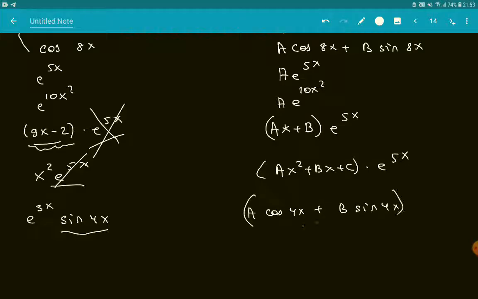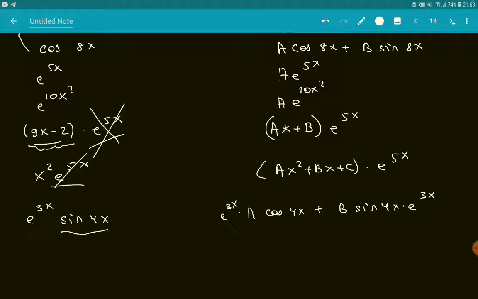So if I'm going to multiply this one here, I can write it like this, or I can just add e to the 3x to both of the parts. So this is how it's given in the lecture slide. There is no difference.